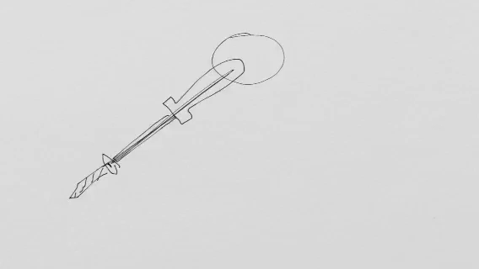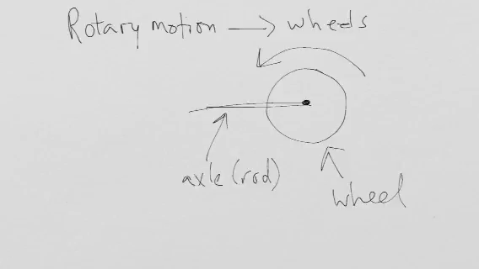As you turn the wheel to the right, the axle turns to the right. It causes the front wheels to turn to the right. So in the case of any wheel and axle, the wheel will always have a much larger diameter, and the axle will have a much smaller diameter, teeny tiny in comparison. The larger diameter circular motion object is the wheel. The smaller diameter one is the axle.